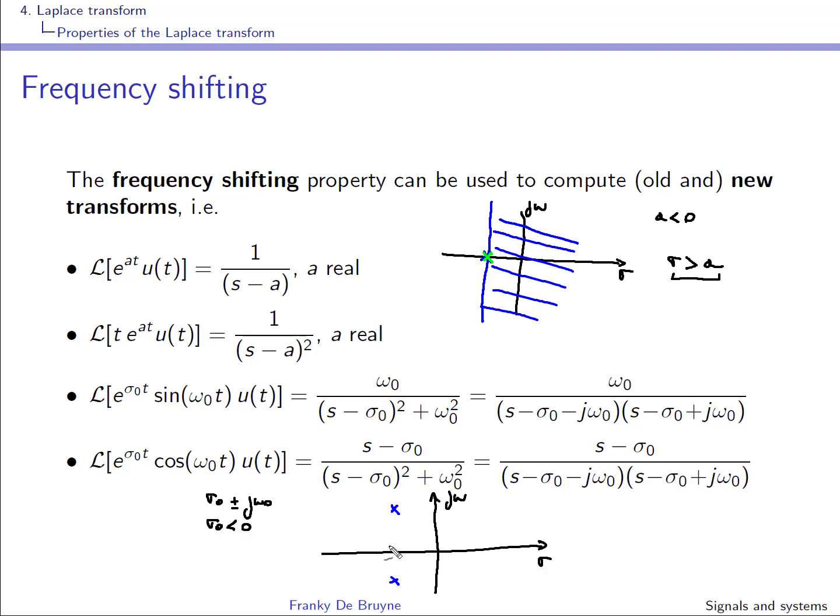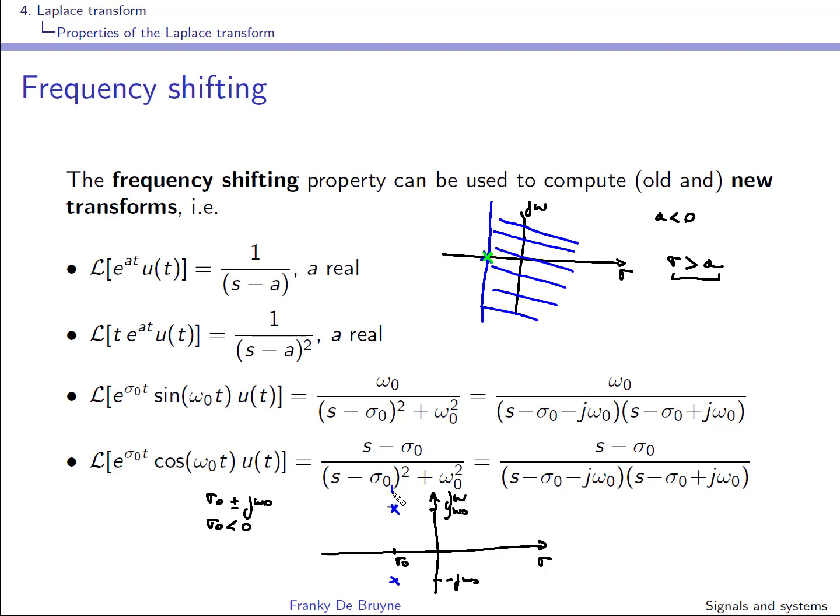So this is sigma 0 over here, and here j omega 0, and here minus j omega 0. These are the two poles, and for the region of convergence you take the poles with the highest real part.